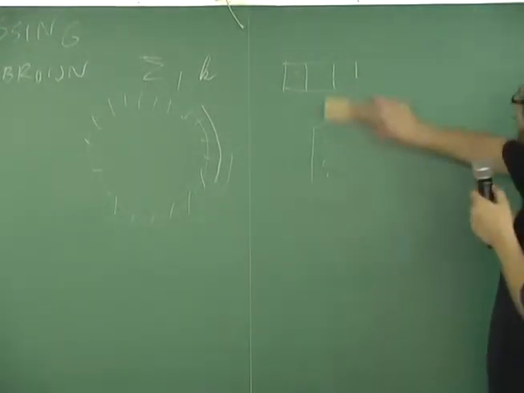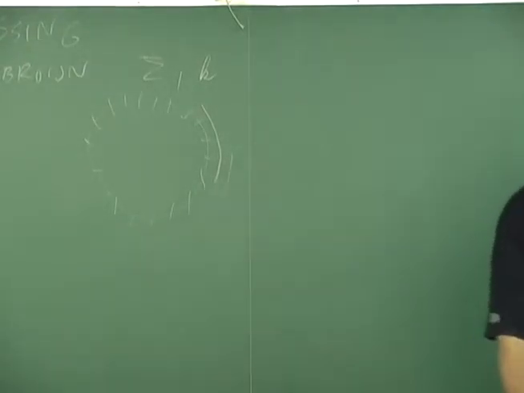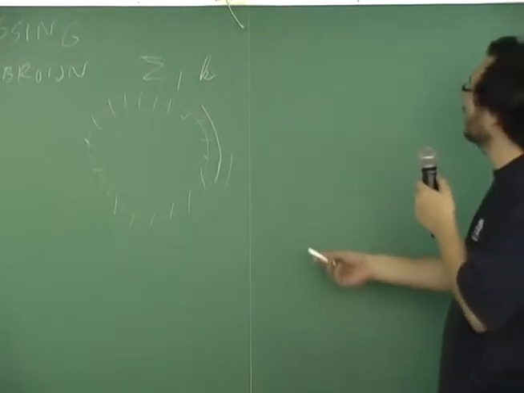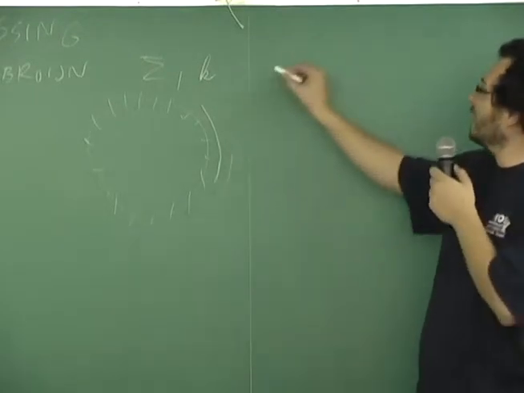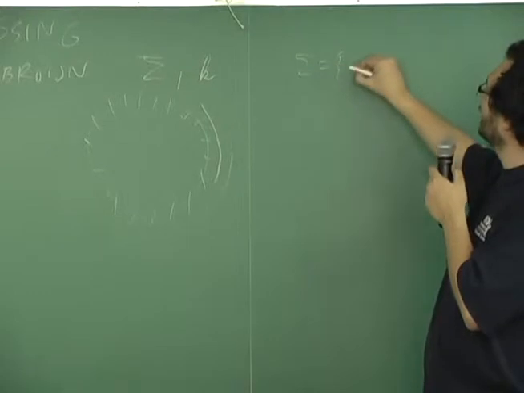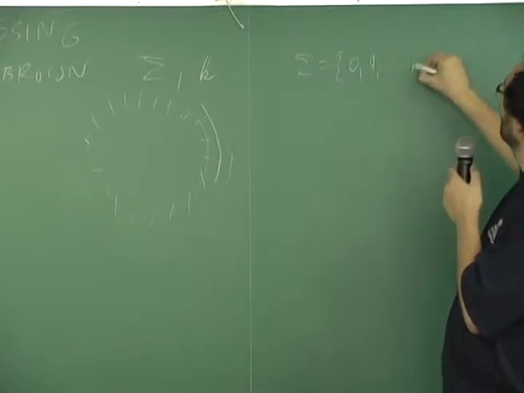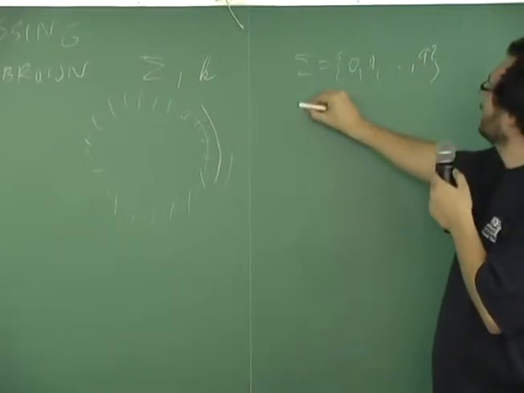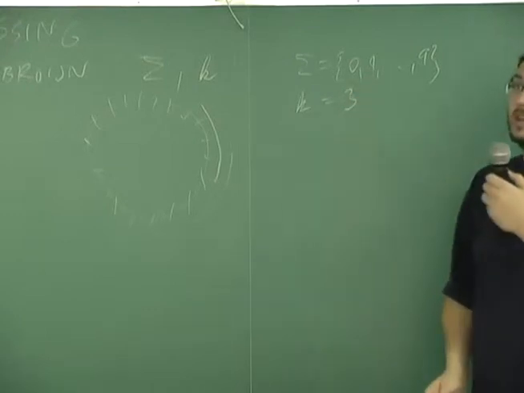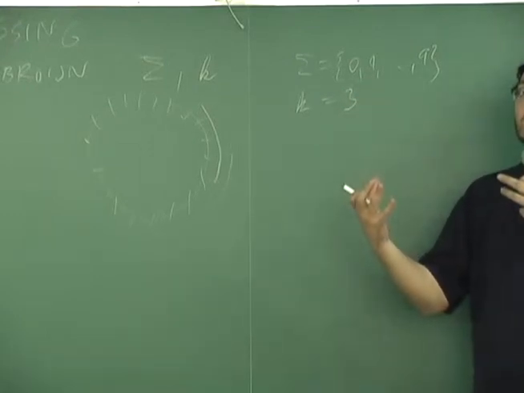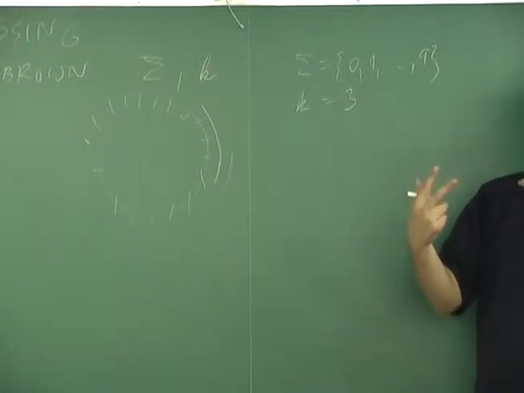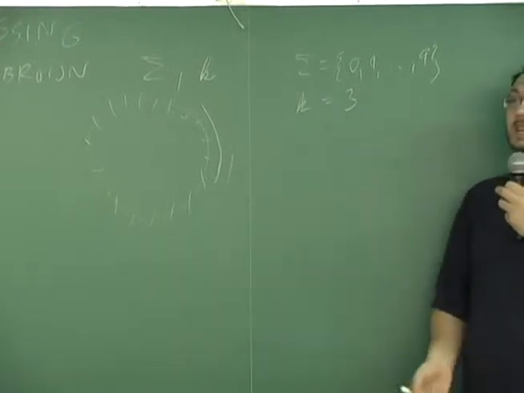And it is based on graph theory. So what you can do, for example, imagine that the alphabet are the digits, 1, 2, until 9, and k is equal to 3. So we want to find a string that contains each 3-letter, 3-digit substring exactly once.